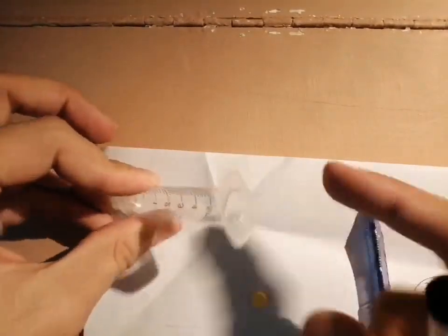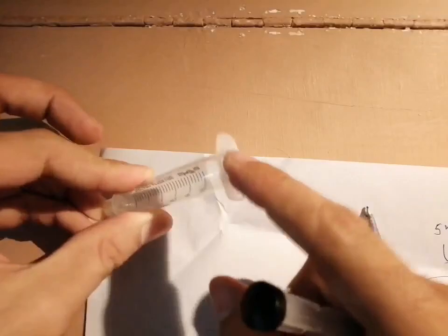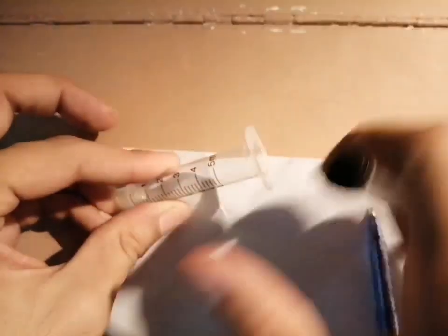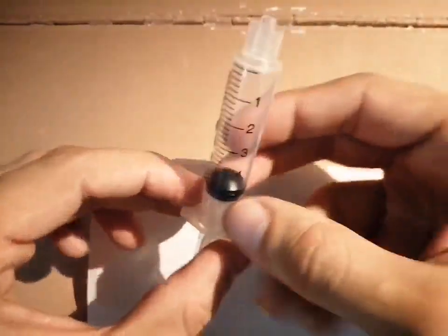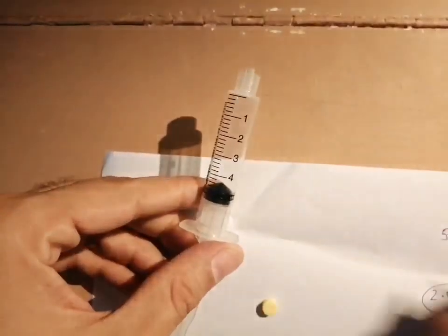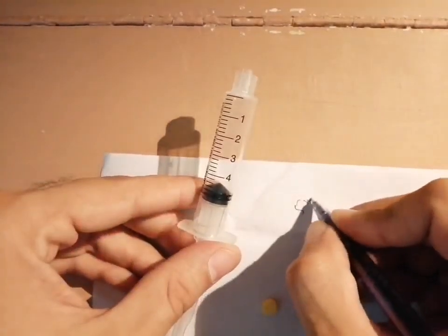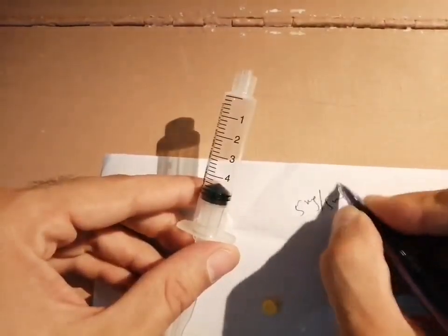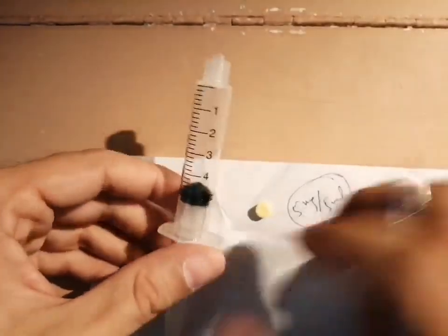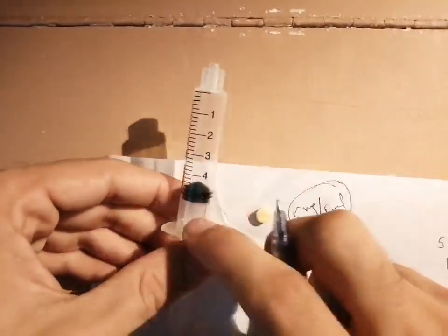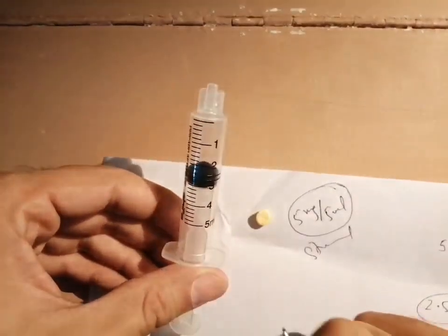Now drop all that powder into the syringe and fill it up to the 5 cc mark with water, close the syringe, shake it, and it will form a suspension such that the drug will be 5 milligram per 5 mL. This will be the strength that you have made from this tablet, right? So you can either halve the tablet and give it, or you can give 2.5 cc per day and keep the other 2.5 cc in the fridge.